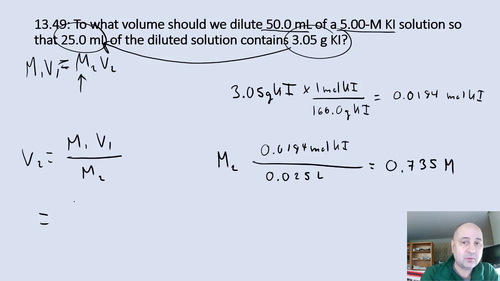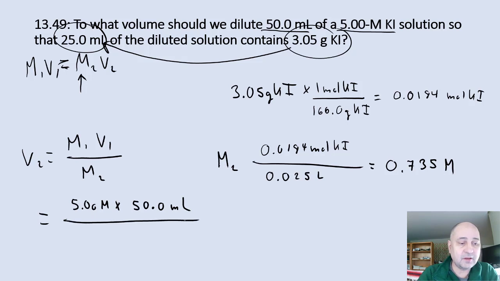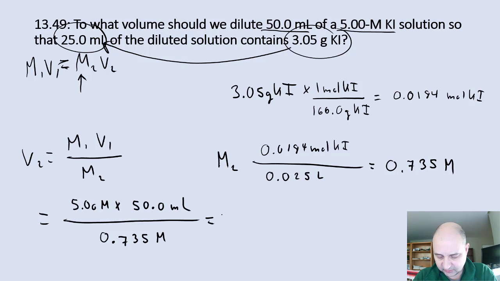Alright, so we can say 5.00 M times 50.0 milliliters divided by the 0.735 M, and that gives me a final volume of 340 milliliters, right?